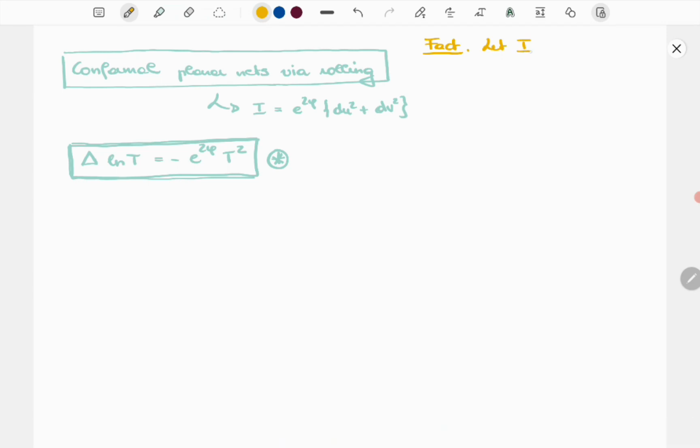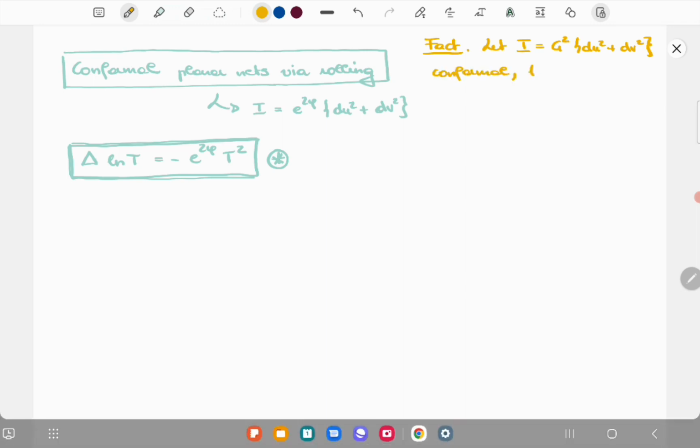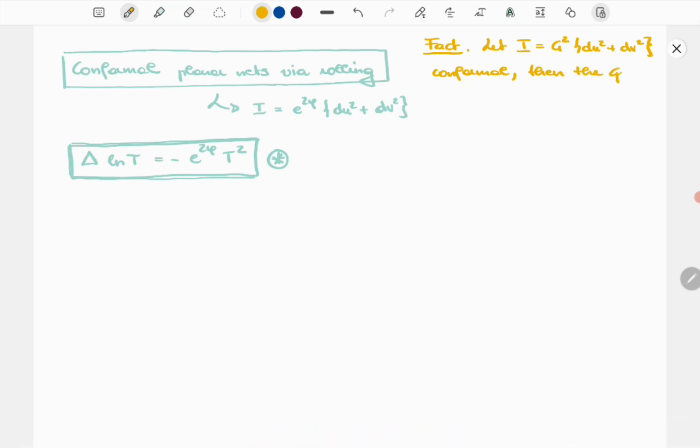If we consider a conformal metric, g squared (du squared plus dv squared), then the Gaussian curvature of that metric, which is already well defined by the first fundamental form of the surface, satisfies the following condition: delta ln g equals minus Gaussian curvature k times g squared.